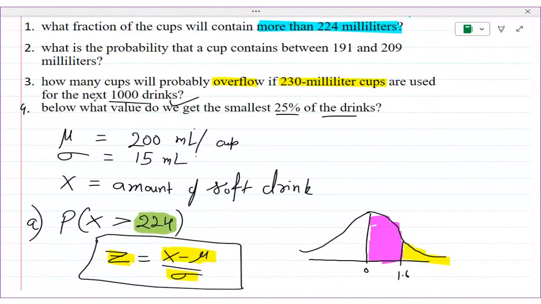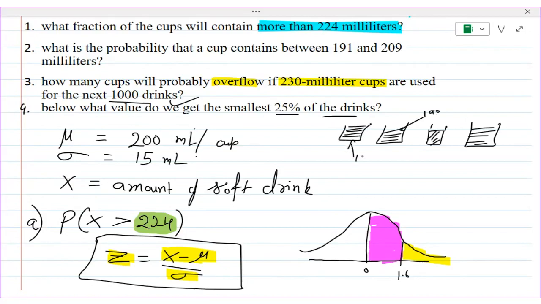Like, if I have 4 cups in total, in one cup there is 200, in another cup there is 215, in another cup let us say 190, and in another cup there is 180.